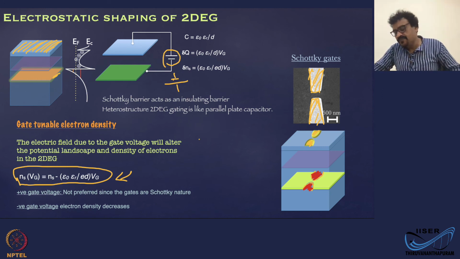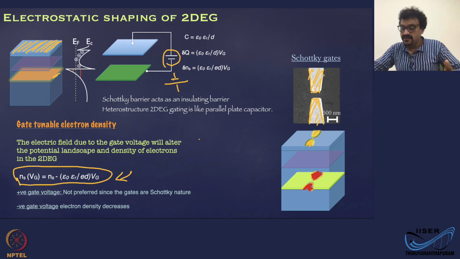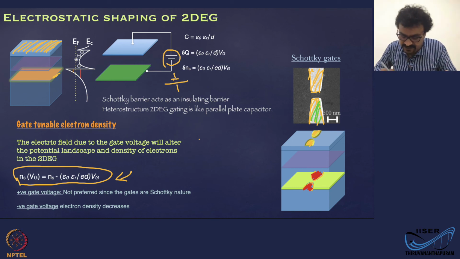So you get a sheet of electrons which is going to reflect the size and shape of the gate on the surface here.